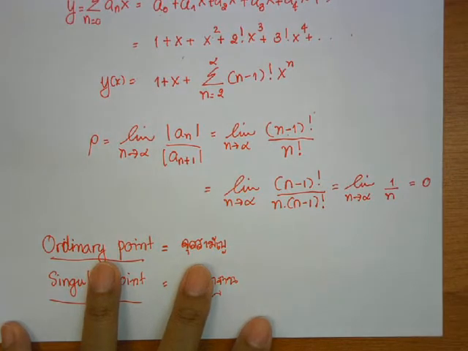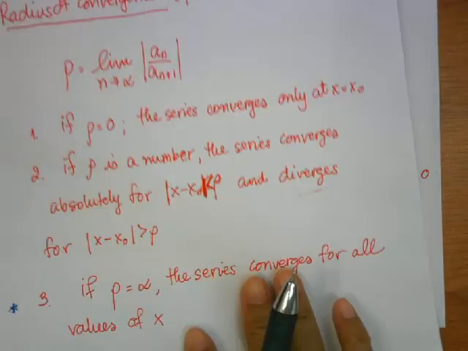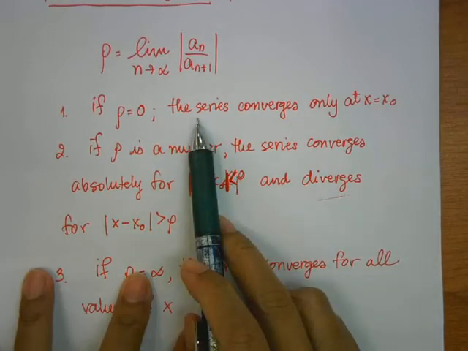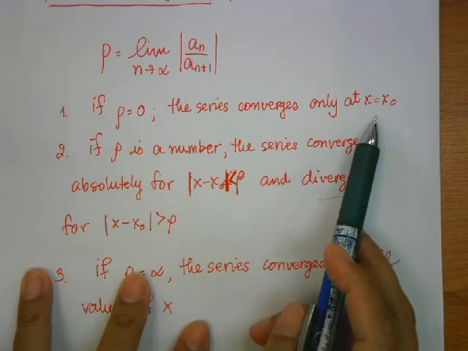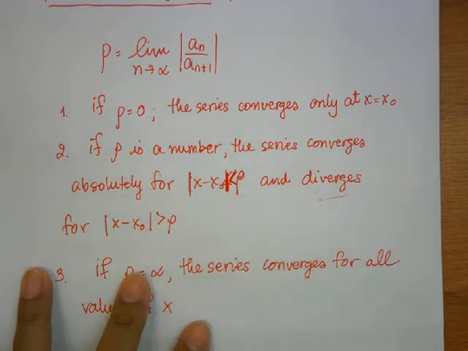If it is 0, it means that this power series converges only at x equal to x0. Now our x0 is equal to 0. So this solution can be used only when x is equal to 0.